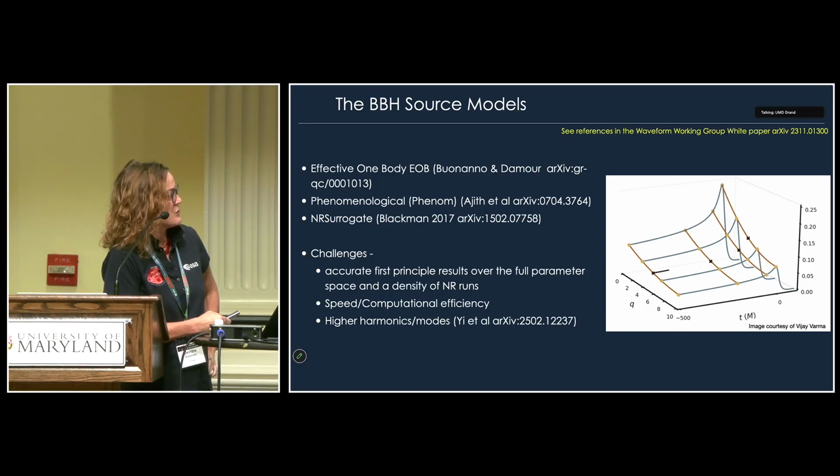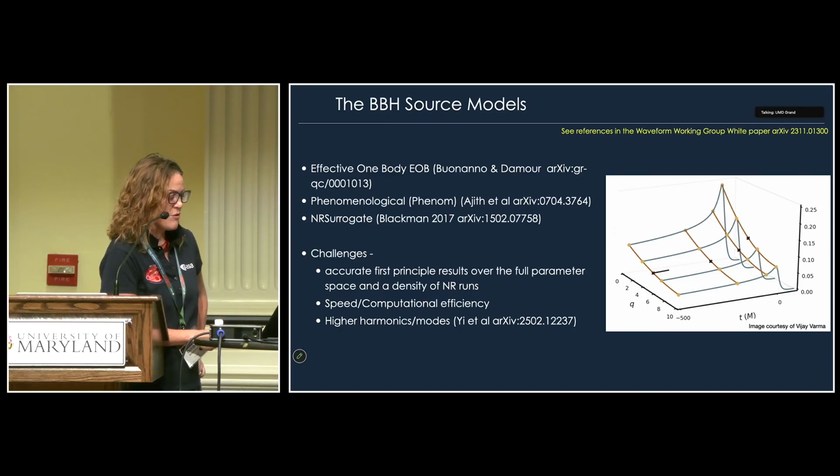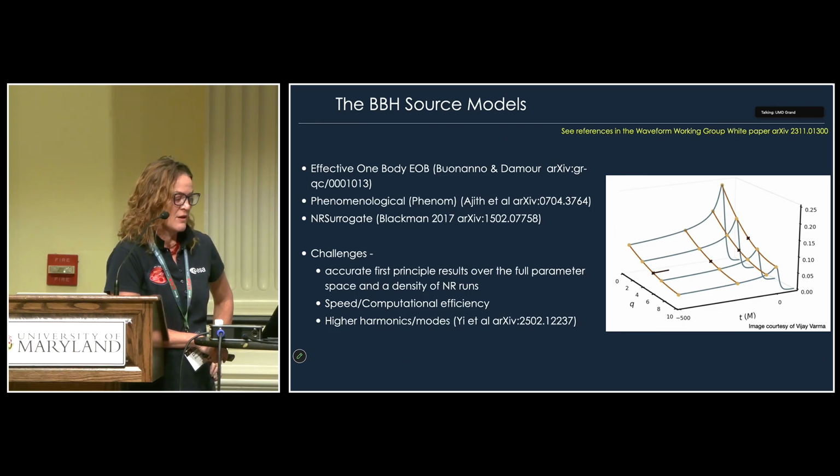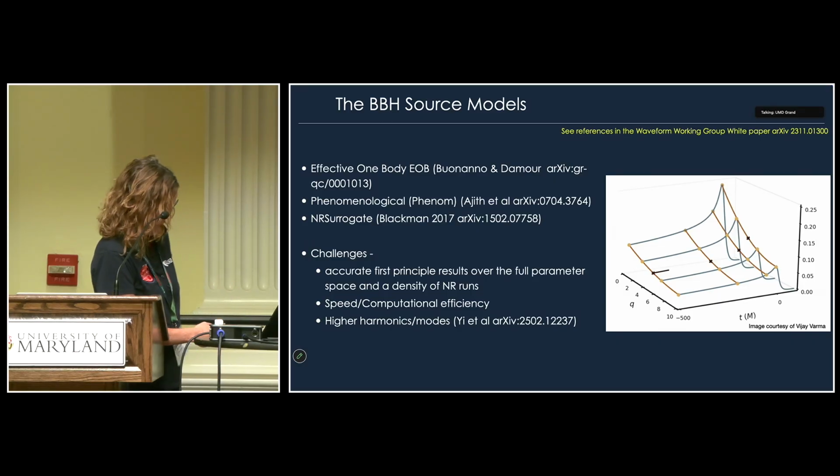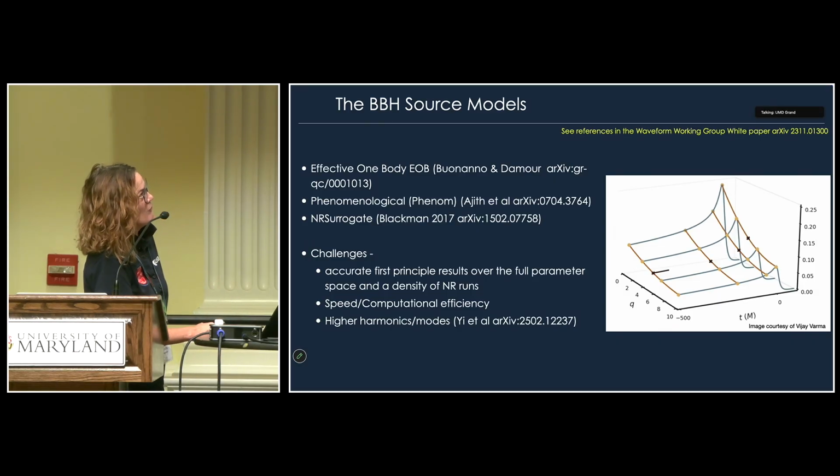This is mass ratio versus time, again in our weird mass units, where you grab these discrete points from numerical relativity and then you interpolate between them. So there's no approximations in addition to the interpolations. There's no additional errors coming in from making decisions about how you're going to treat the physics.